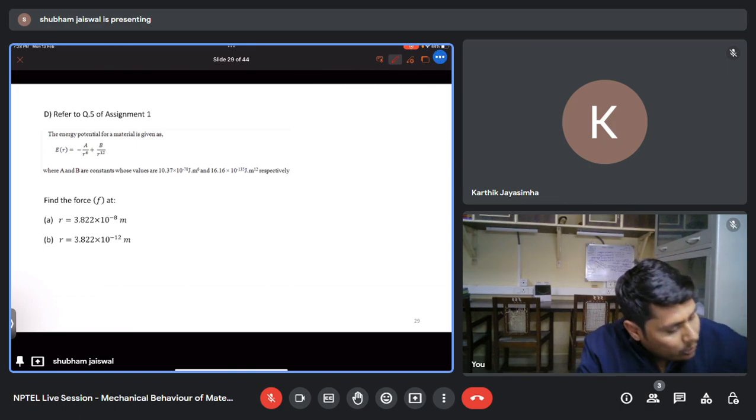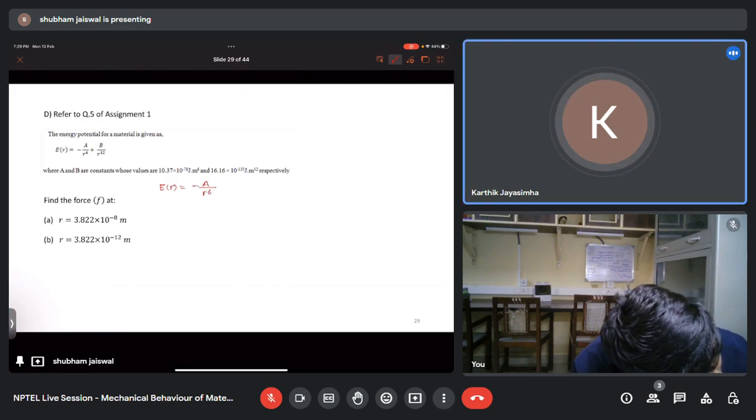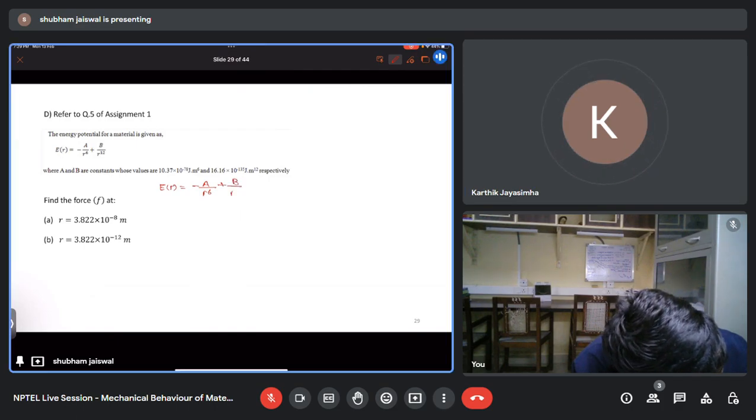So what we have is the energy U of R is equal to minus A R to the power 6 plus B R to the power 12.